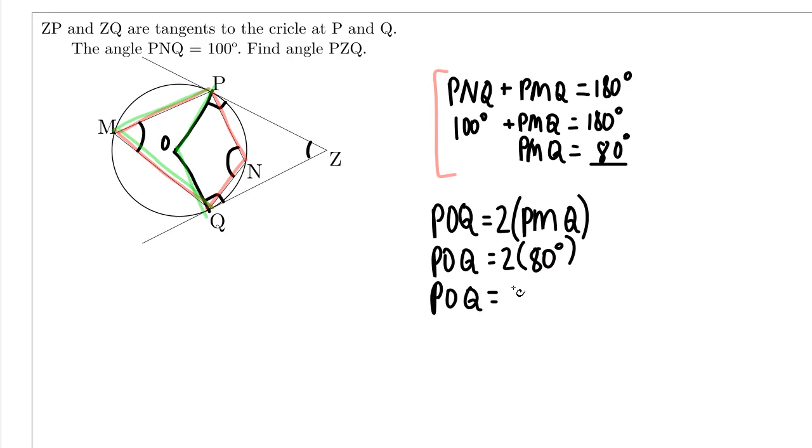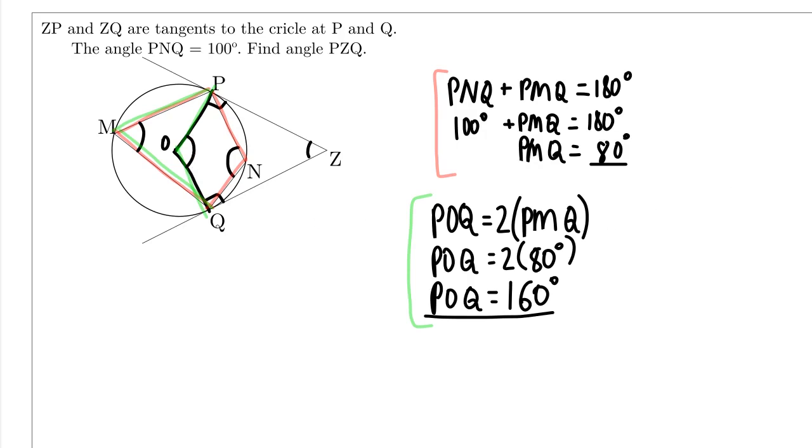POQ is equal to 160 degrees. So this is our second reasoning, and the reasoning for that was the angle at the center is twice the angle at the circumference drawn from the same arc. And the last thing we're going to do is, well, let's just highlight the angle POQ, this one here.